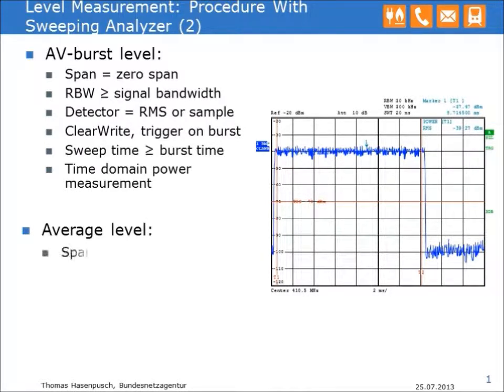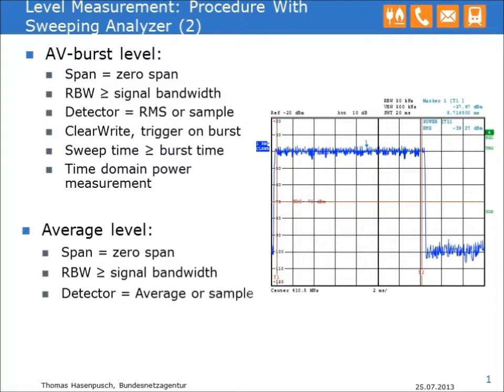So we get a display like this. You can see the pulse here, and this analyzer has a possibility to set start and stop lines here, and this result here is the resulting RMS power only measured from here to here. If we cannot set the red lines, then we can increase or decrease the sweep time so that the sweep time is equal to the burst time, and we see only the burst.